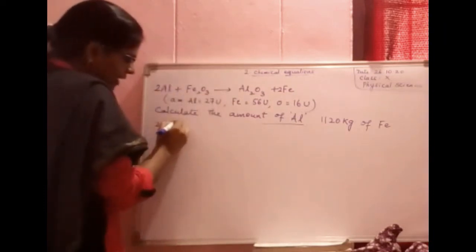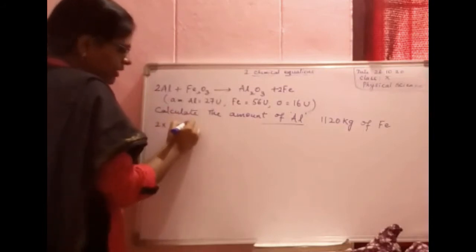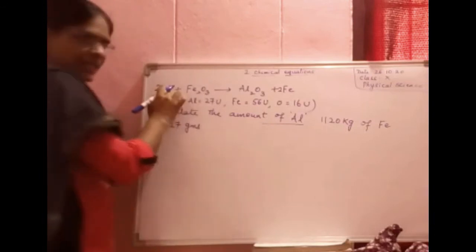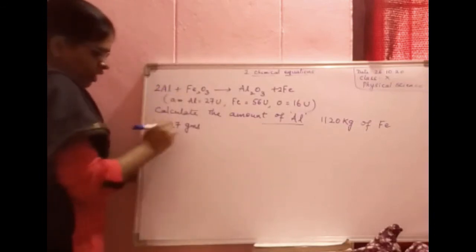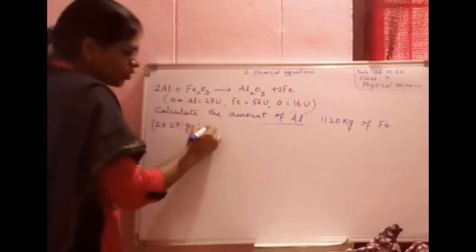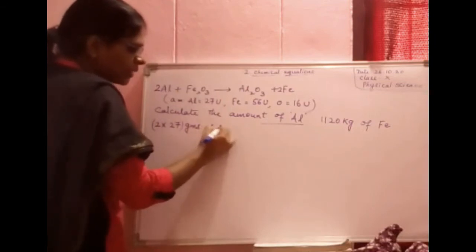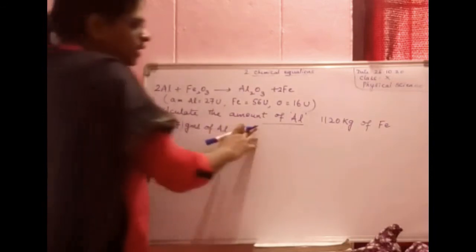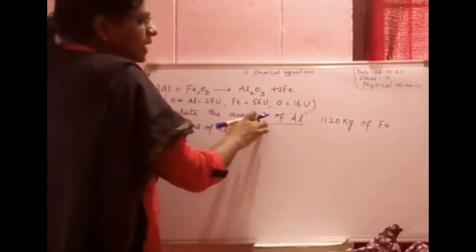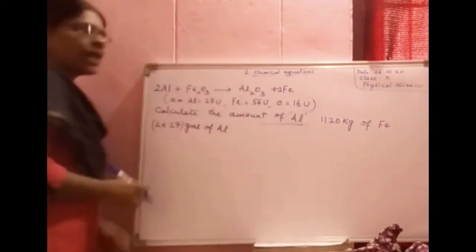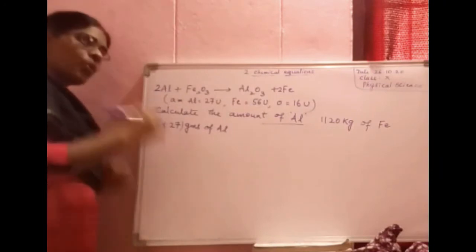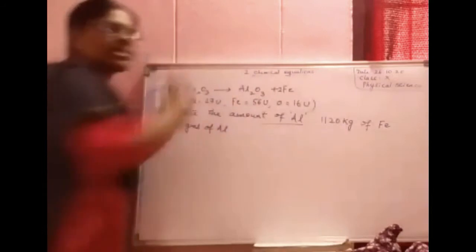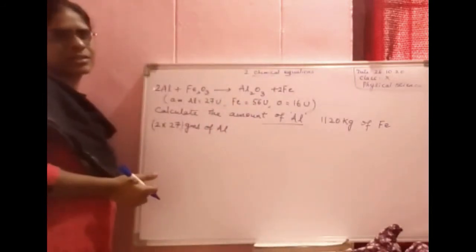So 2 into 27 grams of aluminium. What we need to find? Calculate the amount of aluminium required when 1120 kgs of iron reacts.